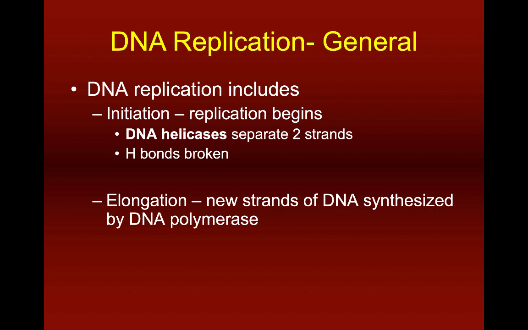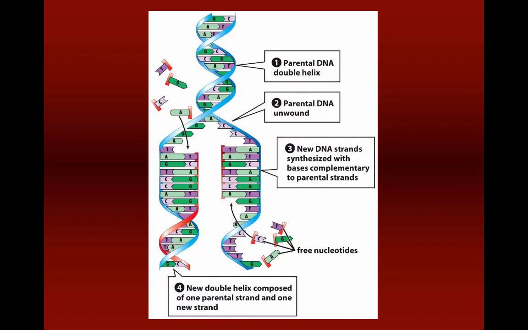Elongation, like I said, is where we're going to have the building of the new DNA daughter molecules from the parent strands. And this is primarily going to occur through the help of an enzyme called DNA polymerase, which is the main enzyme that does the bulk of the work when it comes to DNA replication. Eventually, termination takes place, and with DNA replication, termination is very quick and very straightforward. With the other processes, there's a bit more involvement there as far as what takes place with transcription or translation, but the same basic idea applies in that the processes stop with termination.